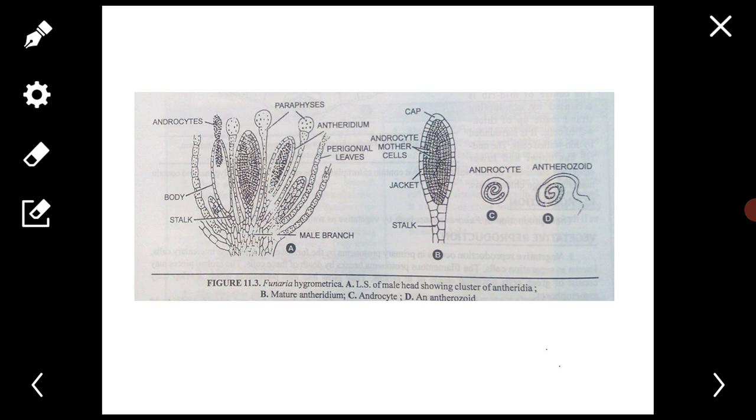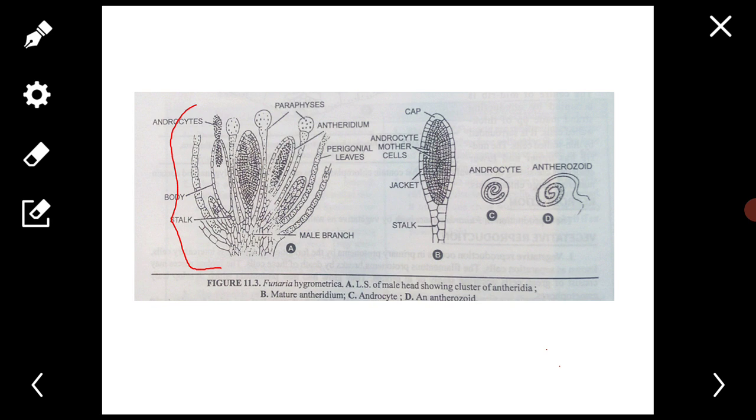The sex organs are borne in groups at the apexes of branches. The sex organs usually mature in autumn or winter.